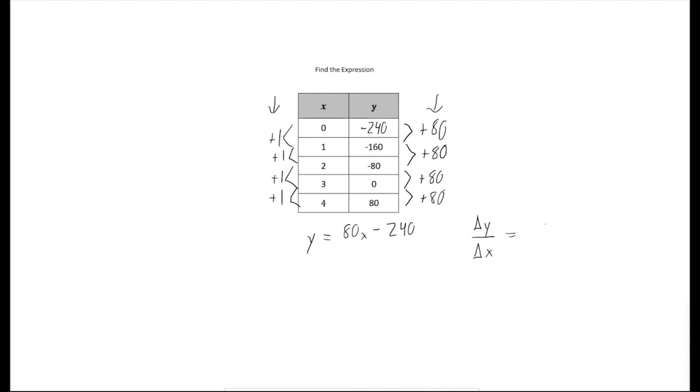So in this case, we have 80 on one side, and because it's 1 on this side, it reduces to 80. This minus 240, called the y-intercept, is where the graph intercepts the y-axis, which happens when x is equal to 0. So you see that when x is equal to 0, y is equal to minus 240, and that comes down here in the final answer.